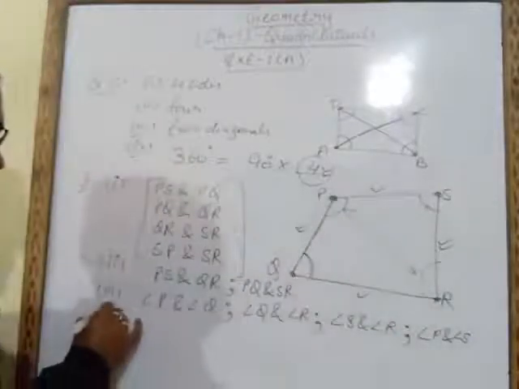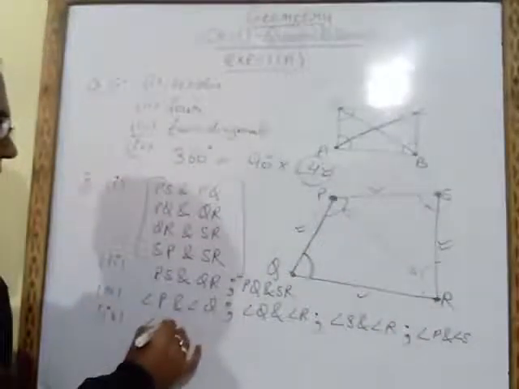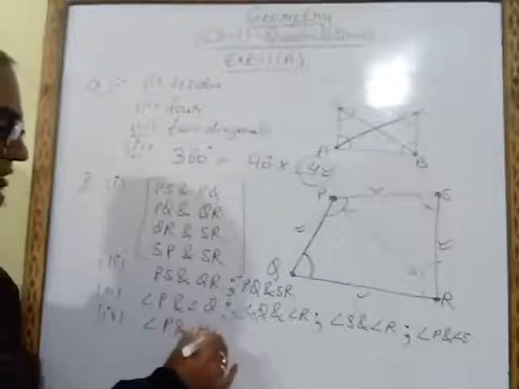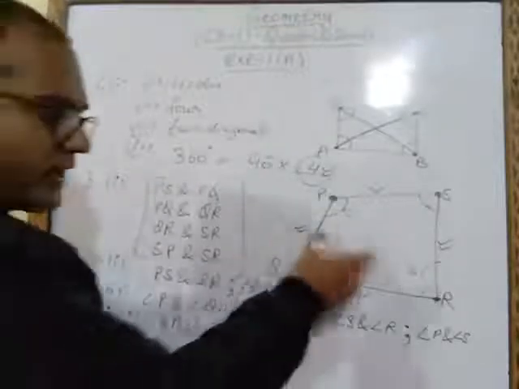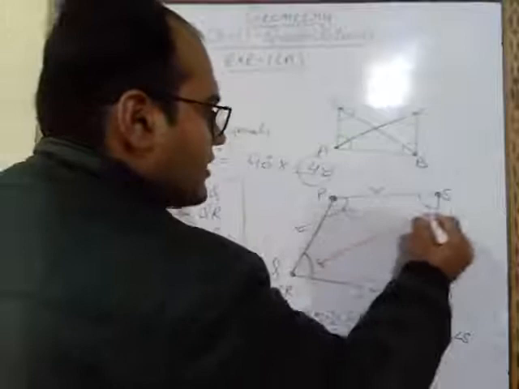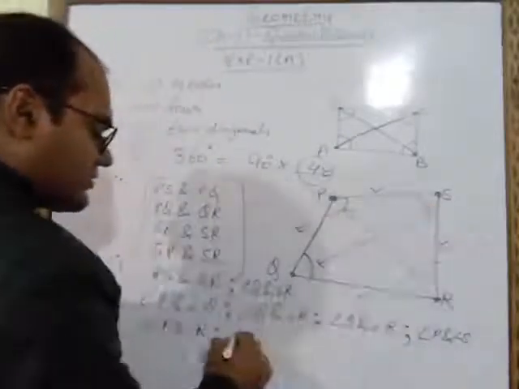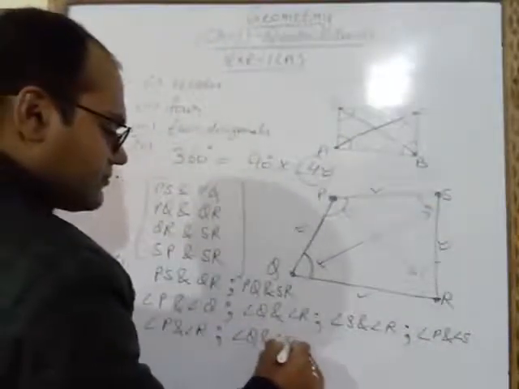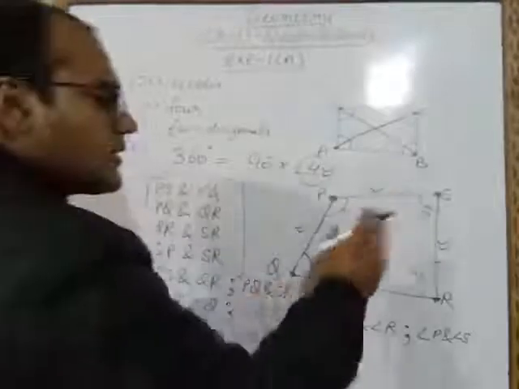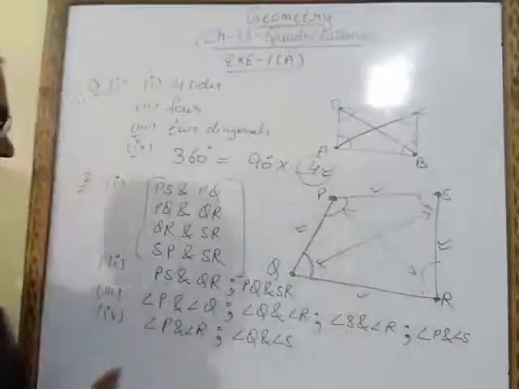So in the fourth part, angle P and angle R is the first pair of opposite angles. Second, angle Q and angle S. These two are also opposite angles. So this is part number 4.